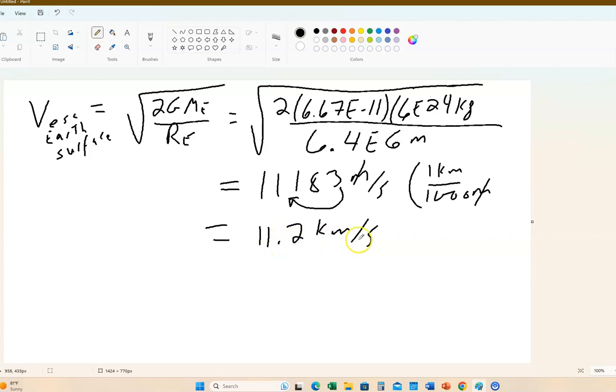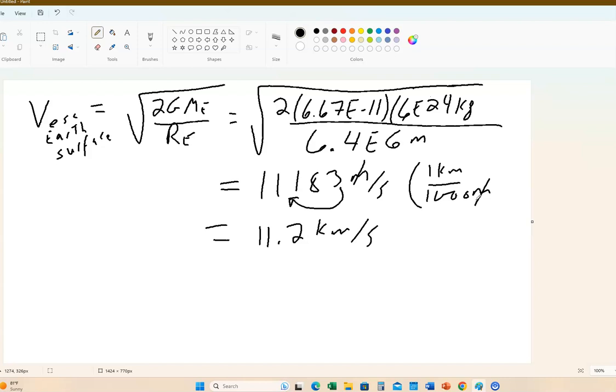This is an enormous velocity. Let's make sure that we all understand that. In fact, let's do a quick conversion just to show you what a large velocity this is. I'm going to convert it to miles per second.